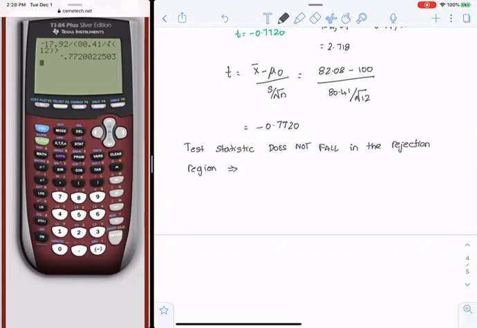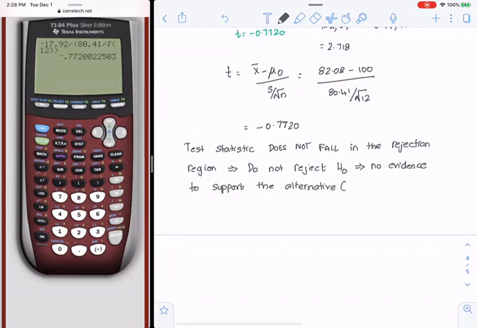Since we do not reject the null, we find no evidence toward the alternative. When we say no evidence to support the alternative, all we're saying in this case is the claim. So we did not find any evidence toward the claim.